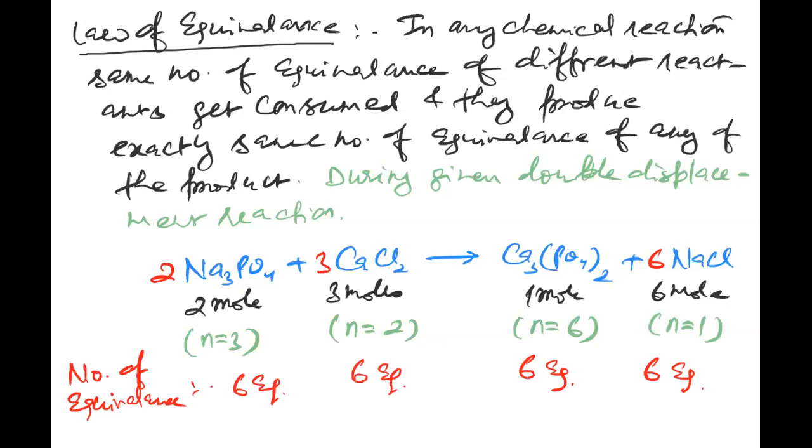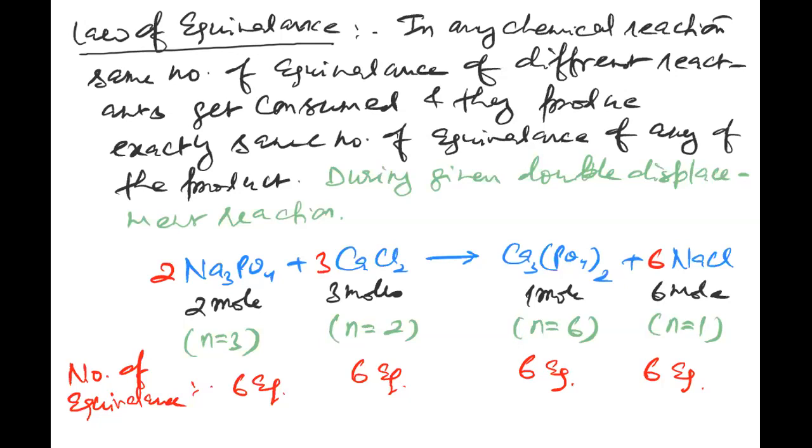So for Na3PO4, CaCl2, calcium phosphate or NaCl, all consist of the same number of equivalents, 6 equivalents each. They can have different numbers of moles, but they always consist of the same number of equivalents.